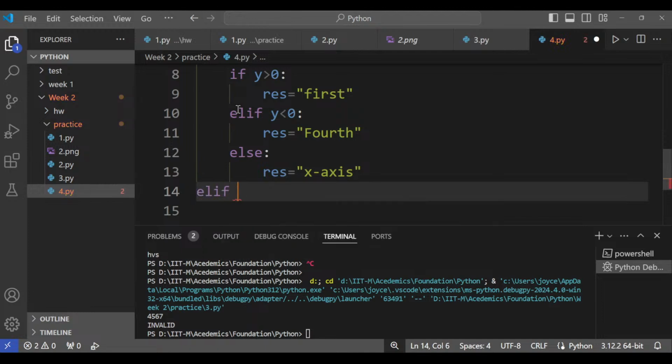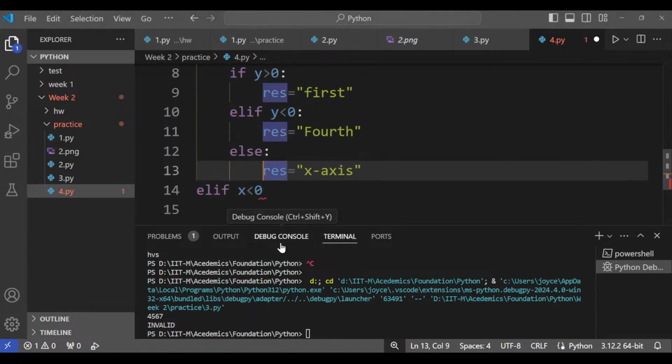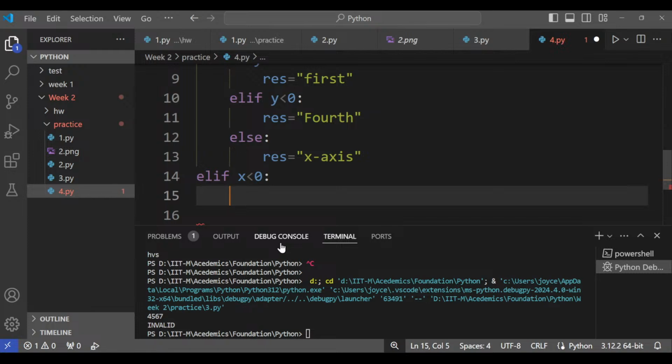Next, else again, because if x is less than 0, it should be an elif. And if x is less than 0, right? So when x is less than 0, it is in a negative x, so we can get second or third or x-axis again, isn't it? So how is this done?